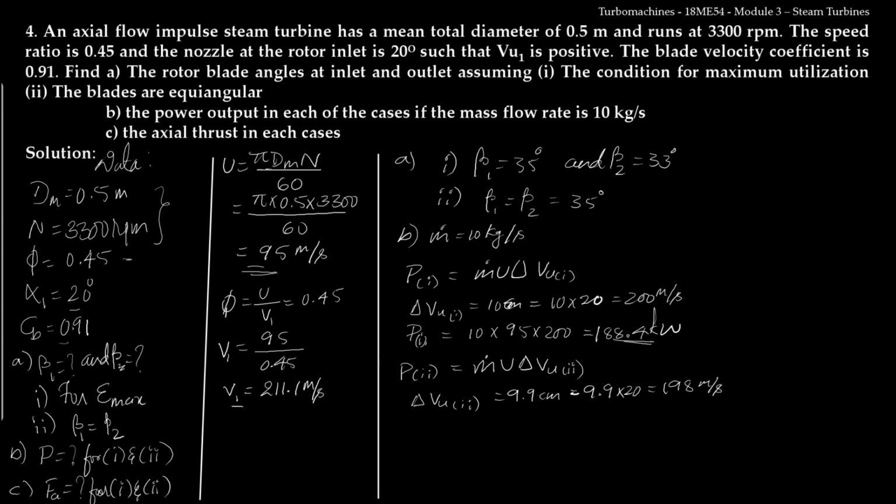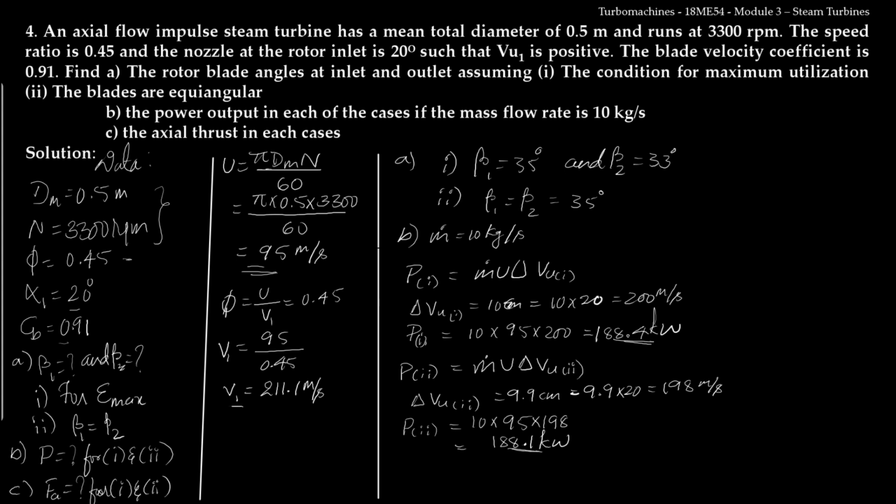These two values are very close. So the power for the second case will be equal to 10 into 95 into 198, which is equal to 188.1 kilowatt. So this is the power developed for the second case.